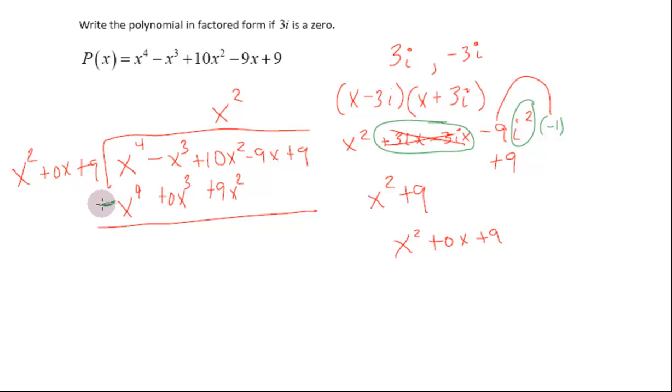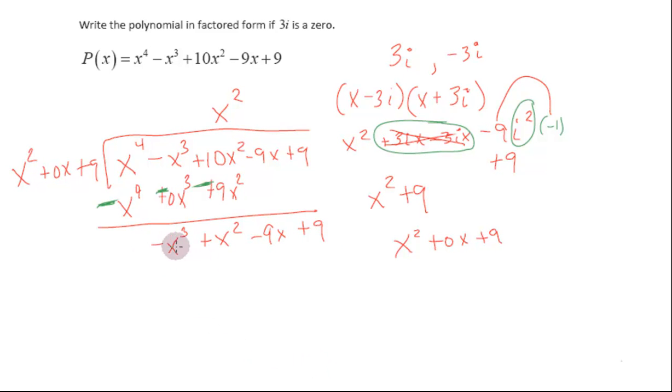So I go minus, minus, minus, right? x to the fourth minus x to the fourth is 0. Negative x cubed plus 0x cubed is minus x cubed. 10x squared minus 9x squared looks to be 1x squared. Okay, then I'll bring the rest down.